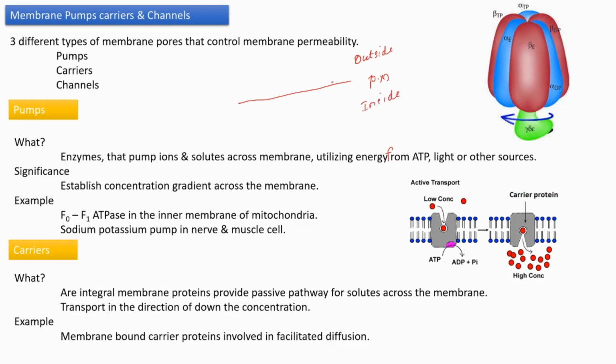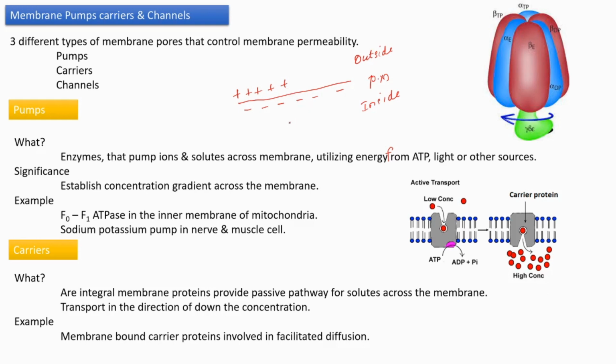What is the charge outside? Sorry, inside is always negative. This is the pattern of the charge outside and inside of a cell membrane, and this condition is maintained mainly with the help of the pumps.